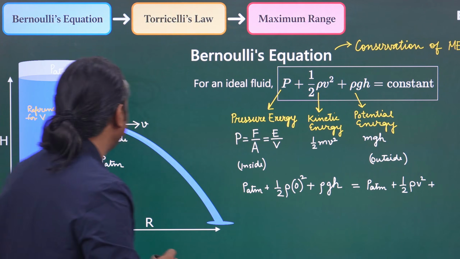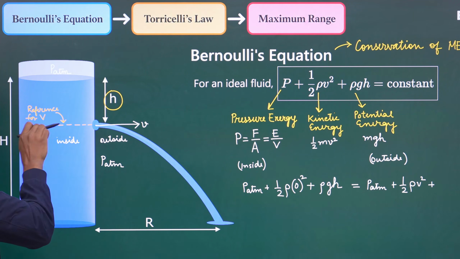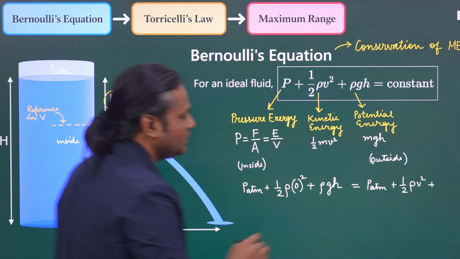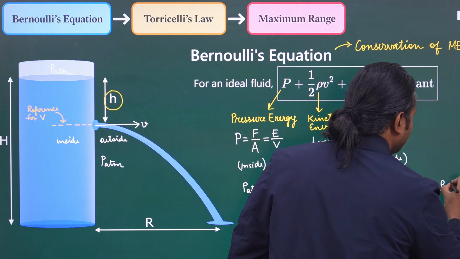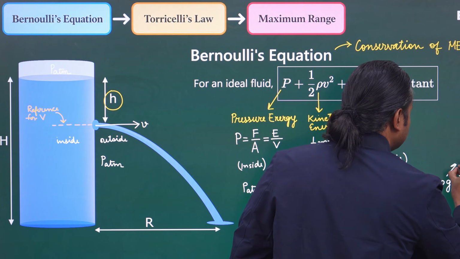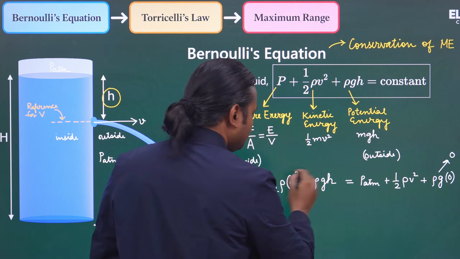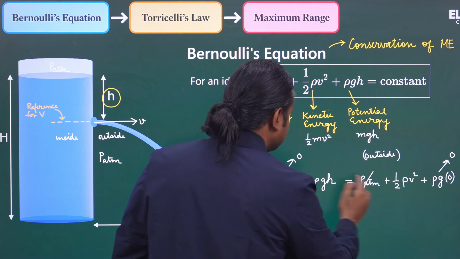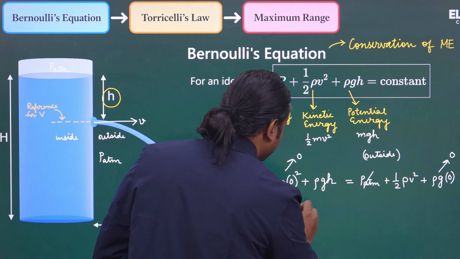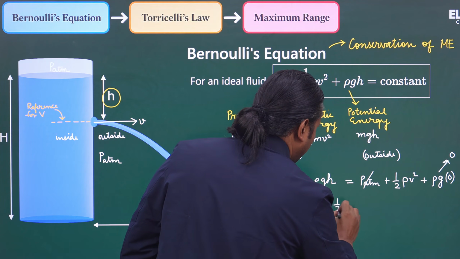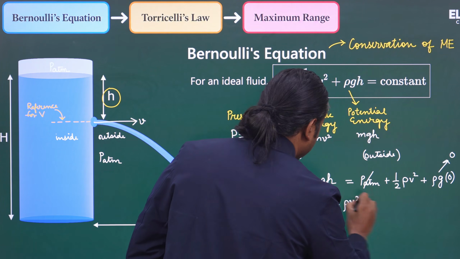And because I have chosen this particular level as the reference for V, here this is simply rho g and h is equal to 0. So therefore this term becomes 0, right? This term becomes 0 as an approximation. These two terms cancel out and we are left with rho g h is equal to half rho v square.